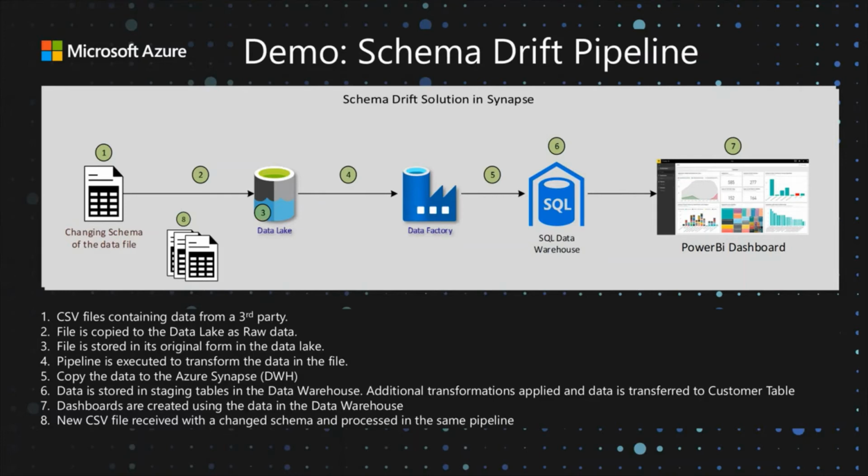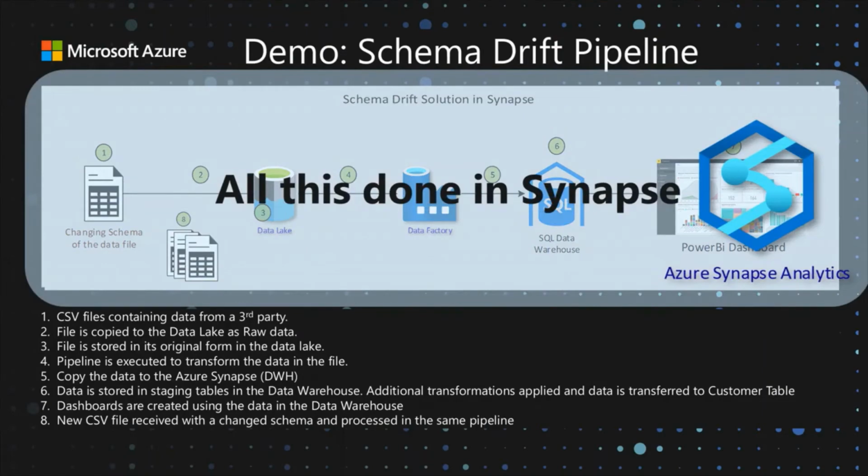Once the data from the files is in staging tables, we will then execute a step that will ingest the data from the staging tables into the production tables, and thereafter show you how to link up Power BI to your workspace and report off the data that resides in the production tables. This is all done within the Synapse environment.